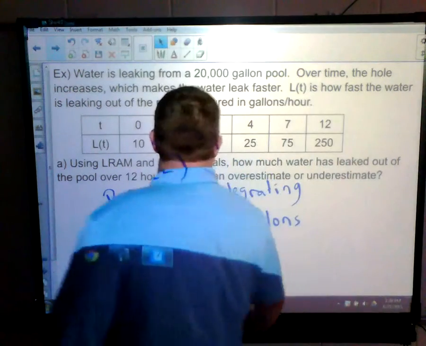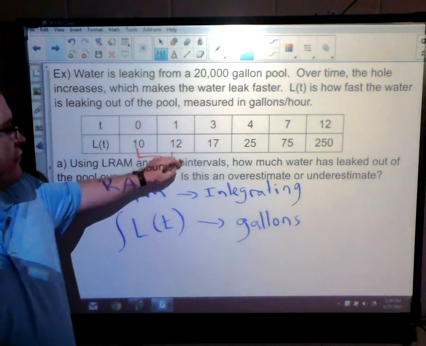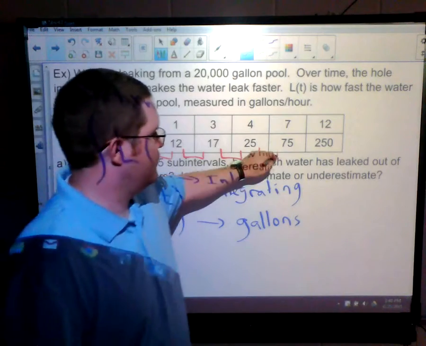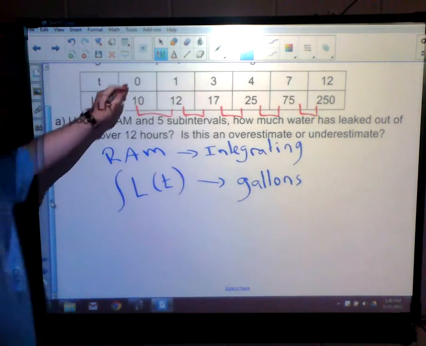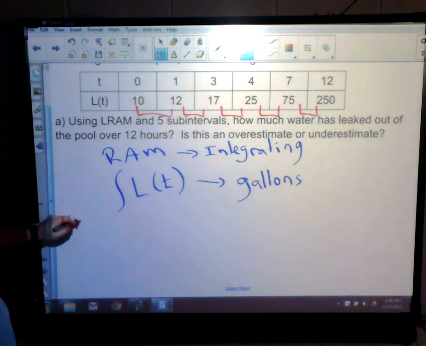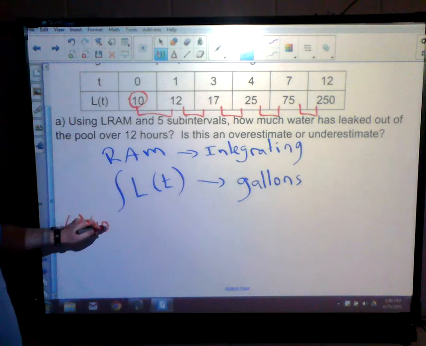Using LRAM and 5 subintervals, how much water has leaked out of the pool over 12 hours? So, let's split it into 5 rectangles. The first rectangle has a base that is 1 wide, and the left side is 10.